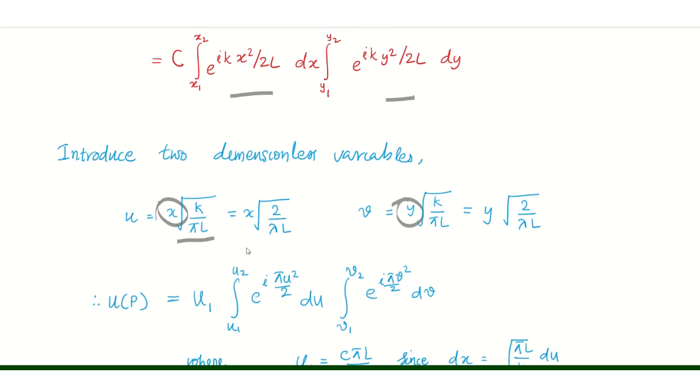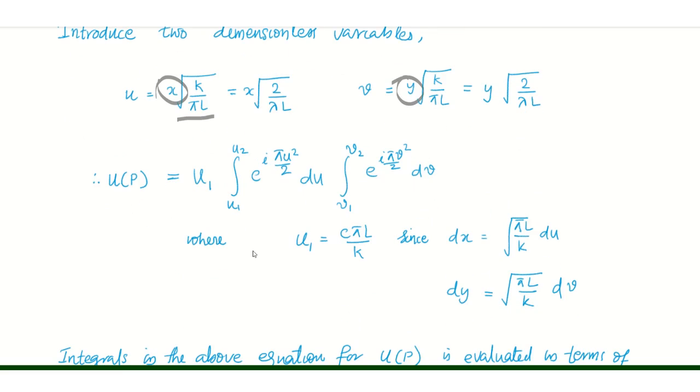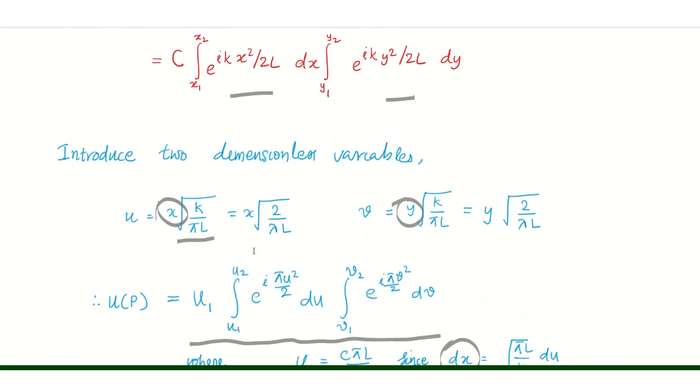Then you substitute for dx, dy, and the limits u1 and u2, and this is what you would get: e to the power i pi u square over 2. Okay, we just got rid of k, l and all these things.